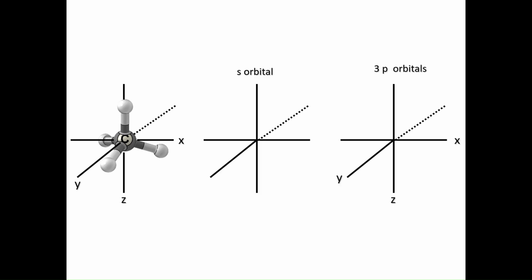Shown here in 3-dimensional space is methane, CH4. Now, I'm going to overlap it with the X, Y, and Z axes so that I can show you side by side what its s and 3p orbitals would also look like in that same space. And so there's the s orbital, and here are the 3p orbitals.